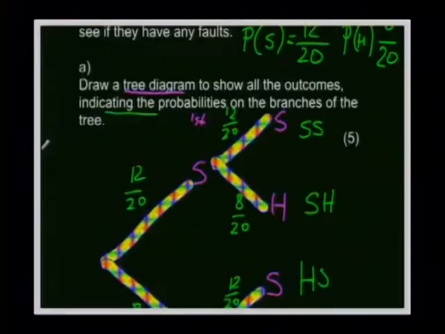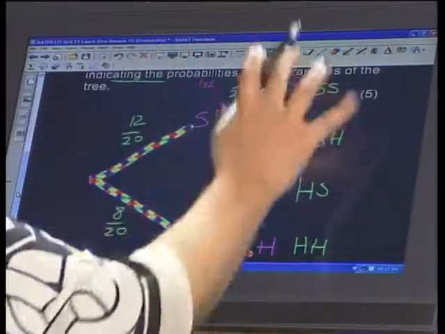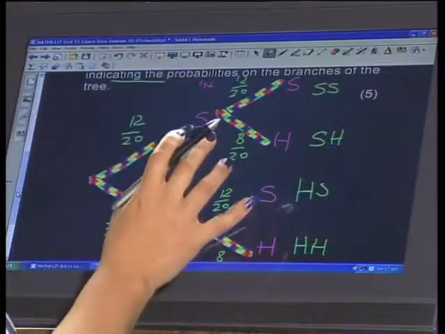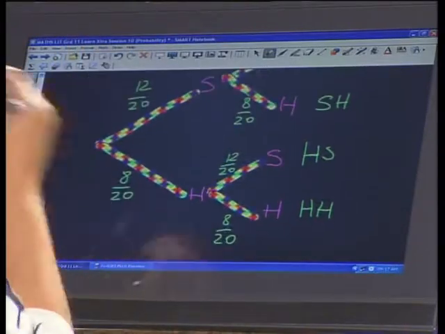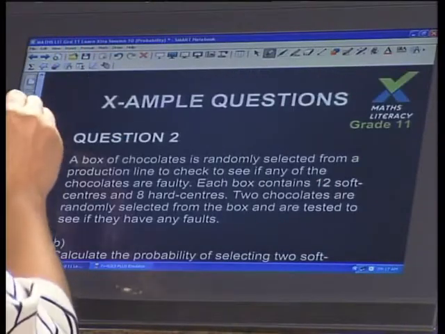Now I've got all the outcomes that they wanted, and if I answered the question correctly, let's just reread it. Draw a tree diagram to show all the outcomes, indicating the probabilities on the branches of the tree. I have my tree diagram drawn, I've got all my outcomes, and I've got all my probabilities on the branches. I'm sure we're going to use that to answer the next part of the question.